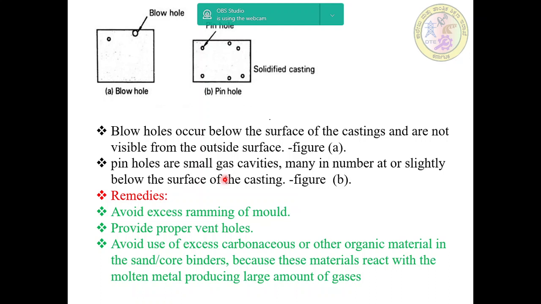Avoid use of excess carbonaceous or other organic material in the sand or core binders, because these materials react with the molten metal and produce a large amount of gases. You have to provide easy escape of gases, otherwise entrapment of gases will occur, and these defects will occur in the castings.